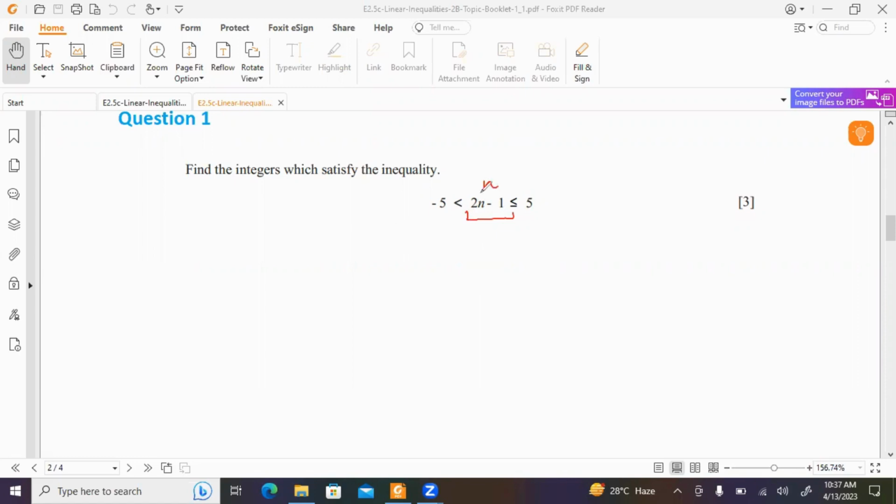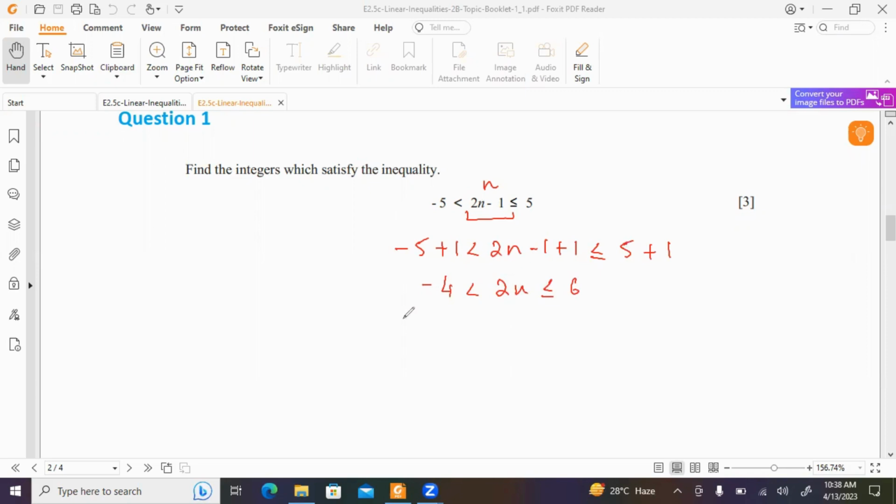So what I'm going to do is get rid of the 2 and the -1 one step at a time. To get rid of -1, we'll have to add 1 to each part. So the left hand side gets added 1, the middle gets added 1, and the right hand side also gets added 1. So that's -4, 2n over here, and 6 over here.